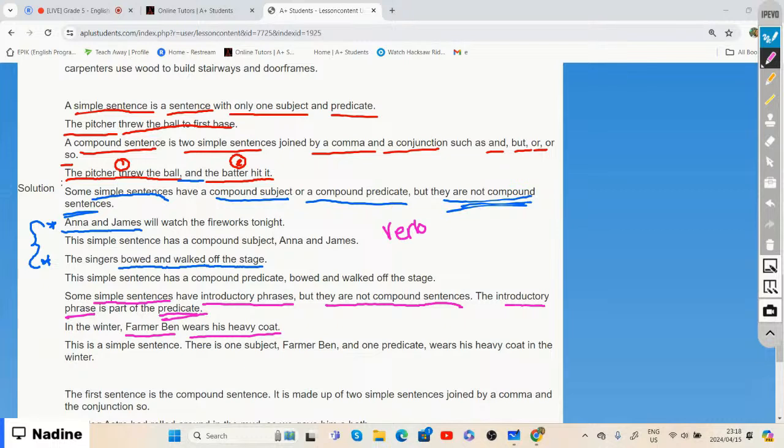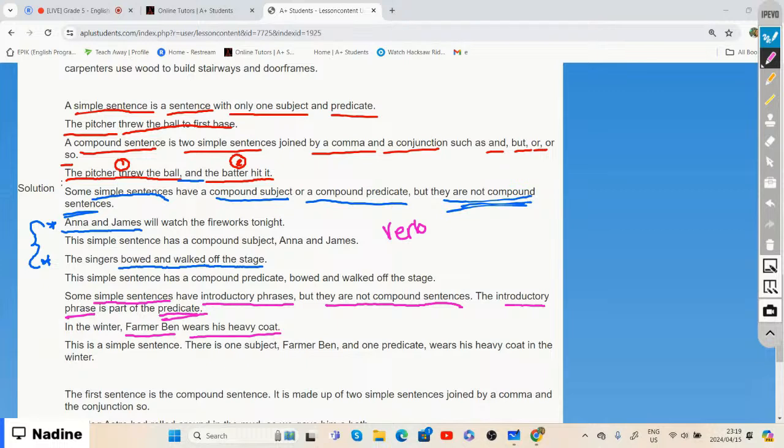So the predicate is the part of a sentence that contains a verb. That is why I'm not just underlining the verb on its own, I'm underlining the whole part of the sentence that shows the action. For example, the verb is wears, but the predicate is wears his heavy coat.